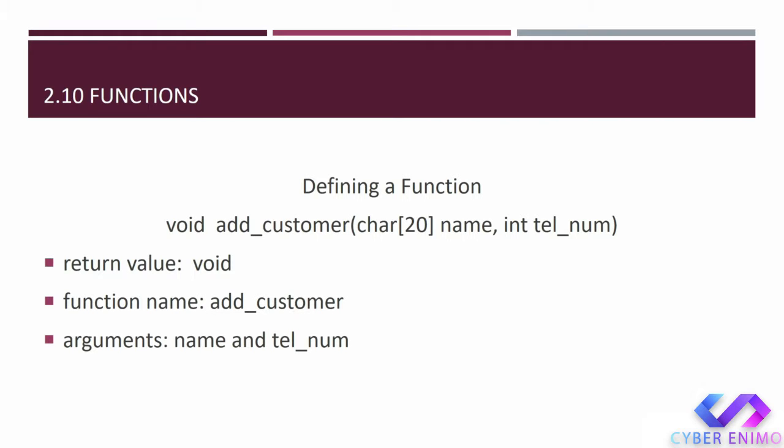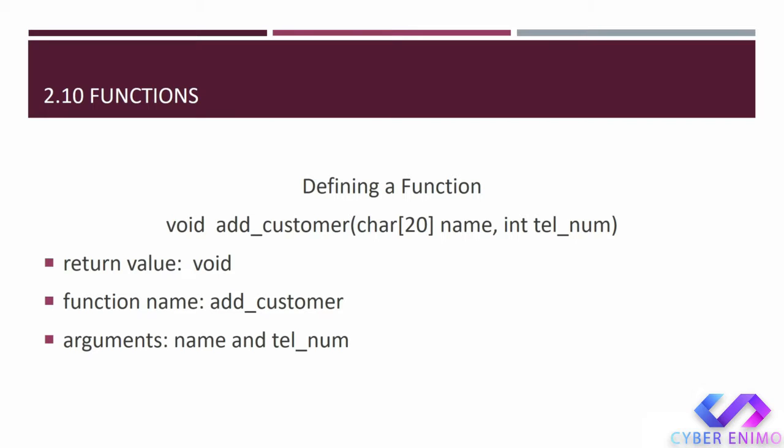As an example, if we wanted to define a function that adds customer info to a database using their name and telephone number, we could do the following. We first define the return value type. In this case, I said void to indicate that there is no return value.